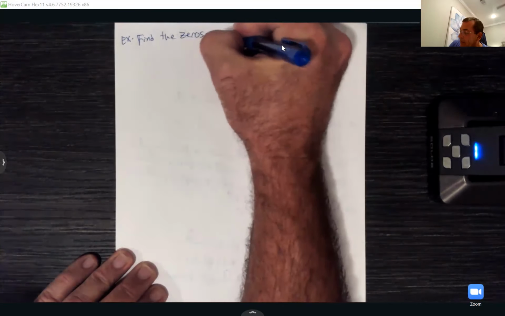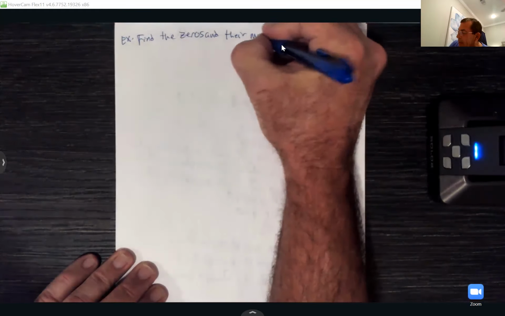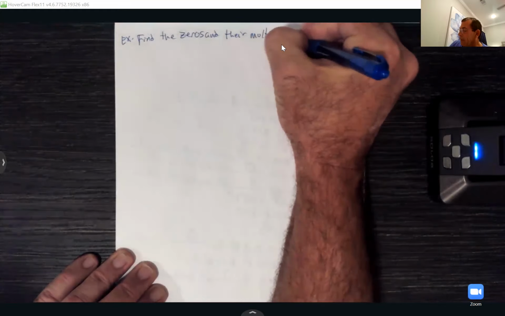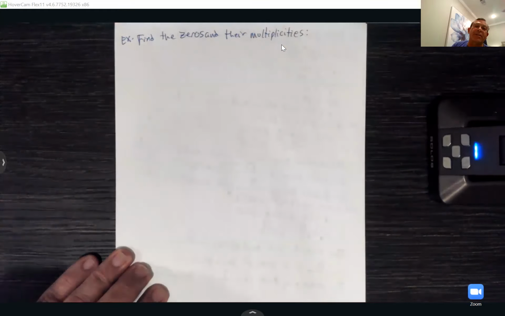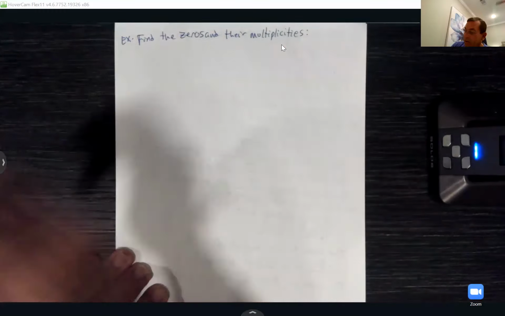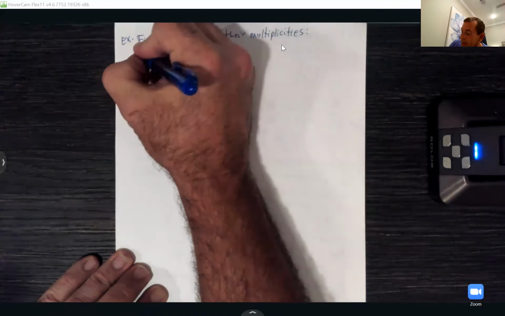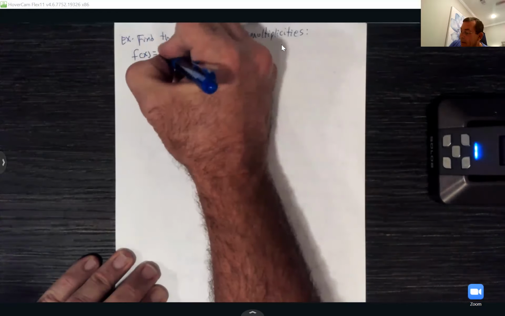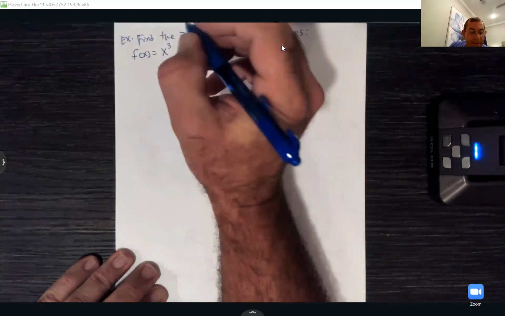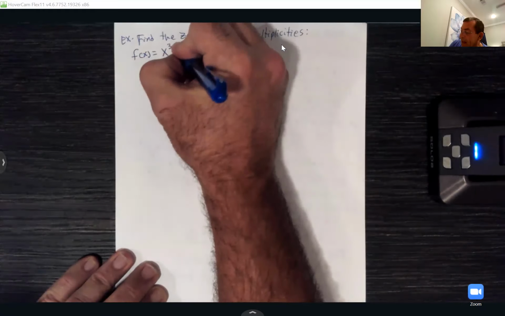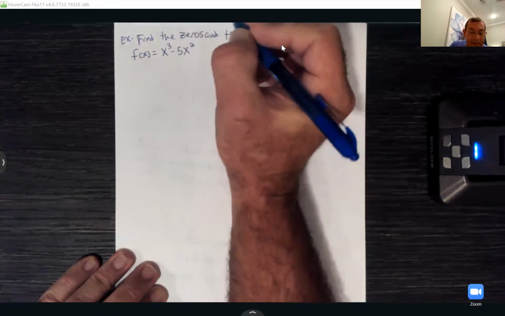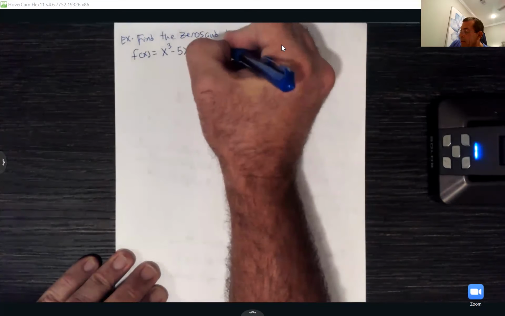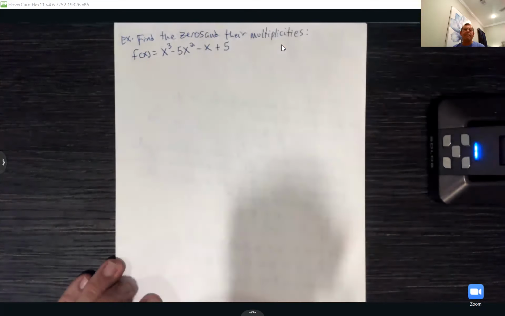So it's basically doing the same thing, except they're going to make us do more work to find our zeros. So they're giving us f of x equals x to the third minus 5x squared minus x plus 5.